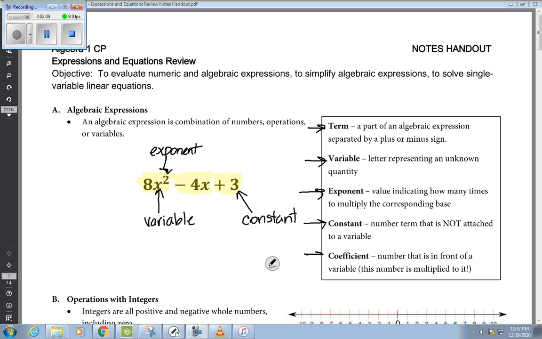So the 3 would be a constant. Last but not least, coefficient. Number that's in front of a variable, this number is being multiplied to it. So in this case, there are 2 coefficients. 8 would be a coefficient. It is multiplying to the x squared. And 4 would also be a coefficient.